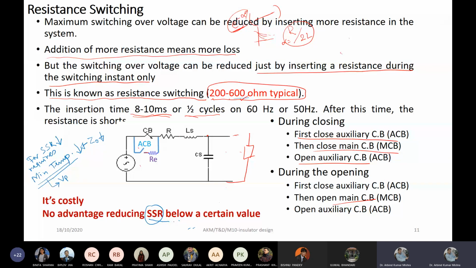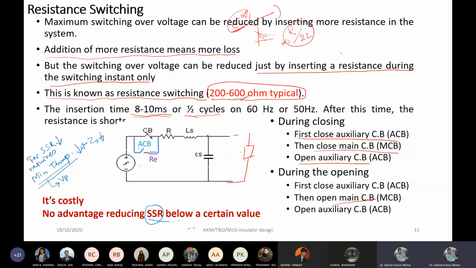Minimum temporary over voltage is the phase voltage. An insulator must withstand this, and if the insulator can withstand this value, that means this peak is root 2 times the phase RMS, that means VLL upon root 3, right?